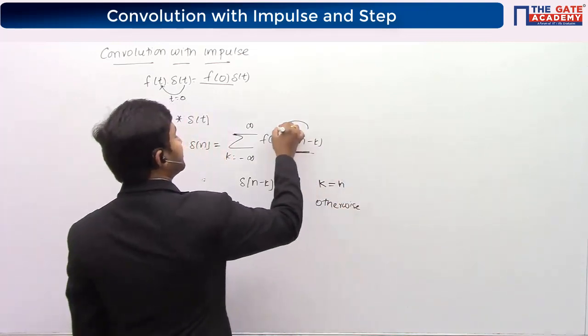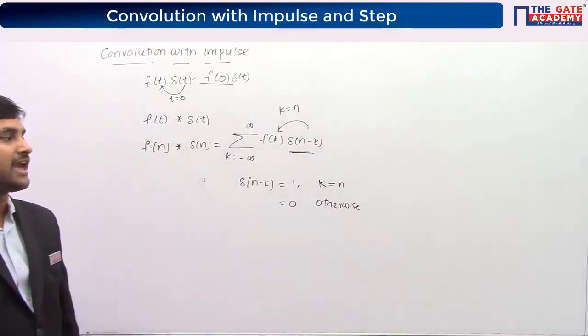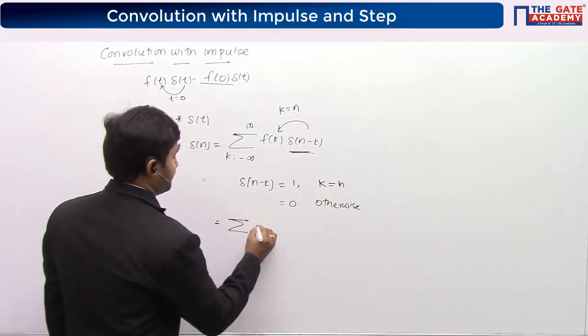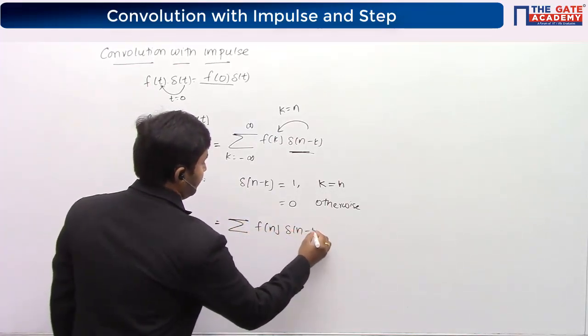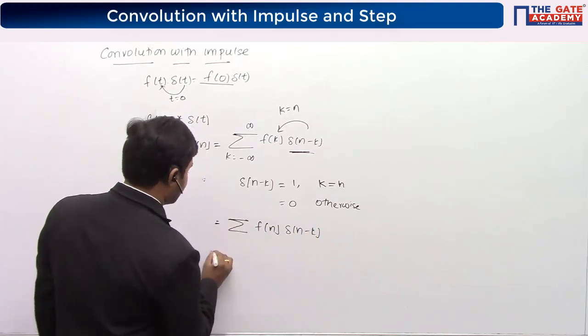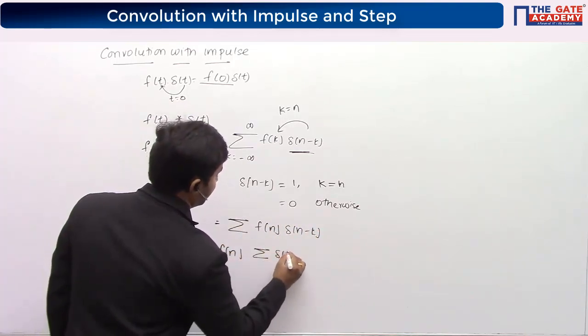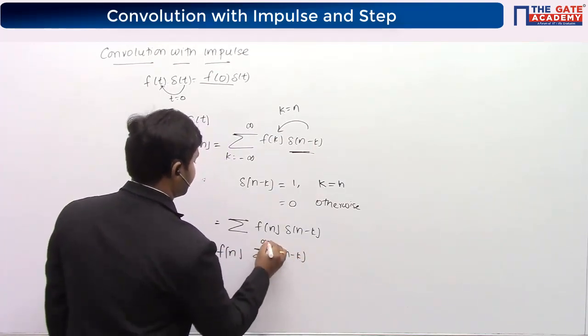So I will put k equal to n here. Summation f(n) multiplied by delta(n minus k). f(n) can come outside: summation of delta(n minus k) for k ranging from minus infinity to infinity.